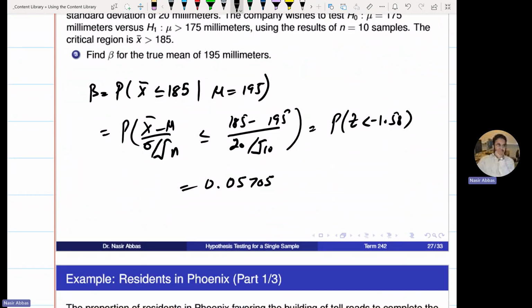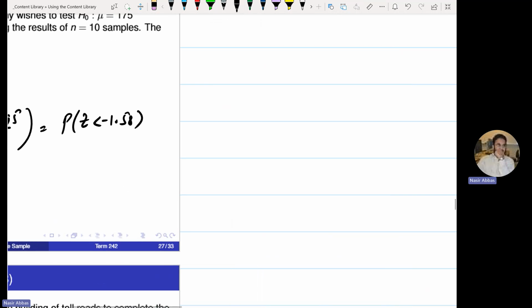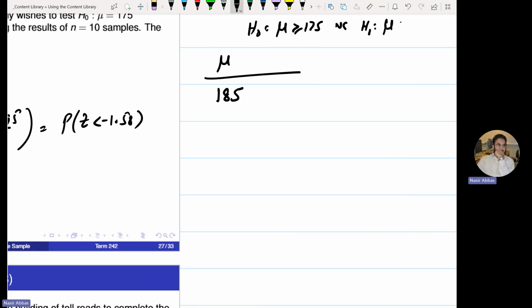Now, this gives you some information about the situation. When mu was 185, you are testing H naught, that mu is greater than or equal to 175, versus H1, that mu is less than 175.